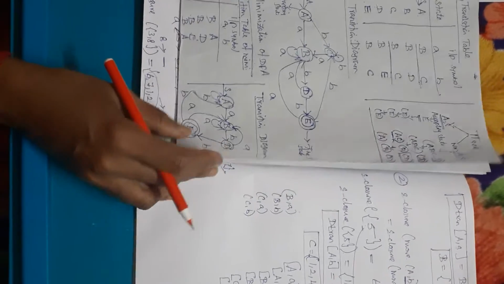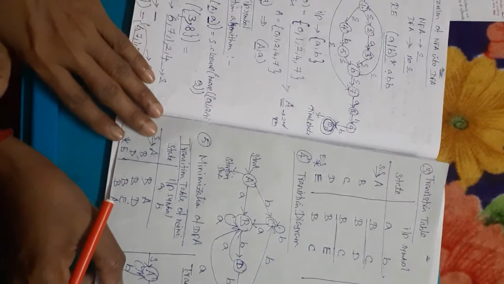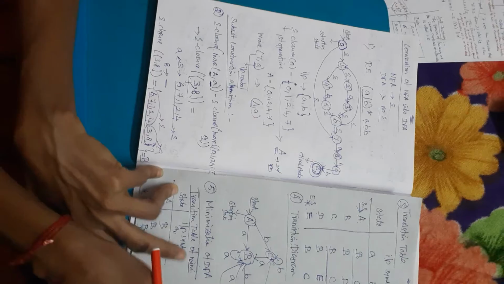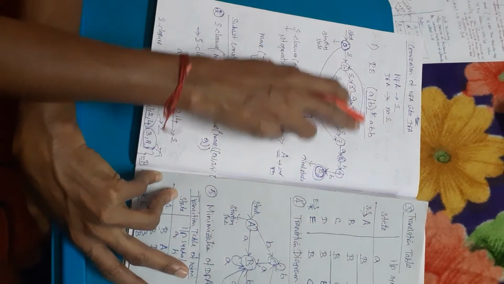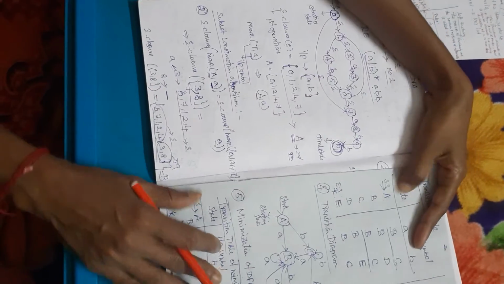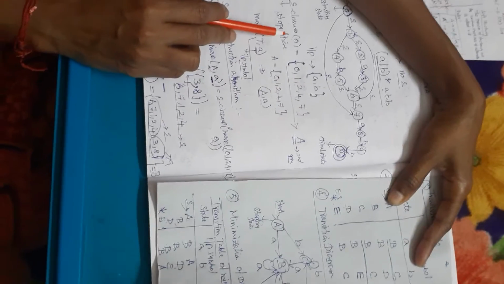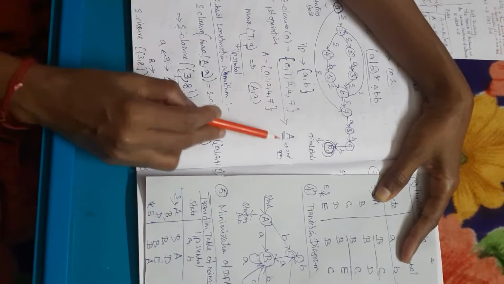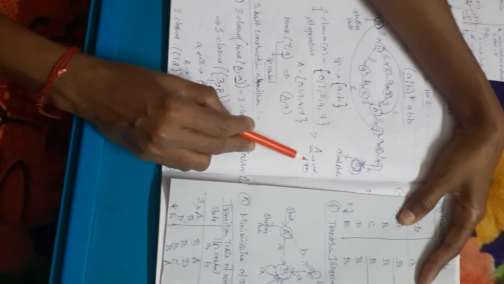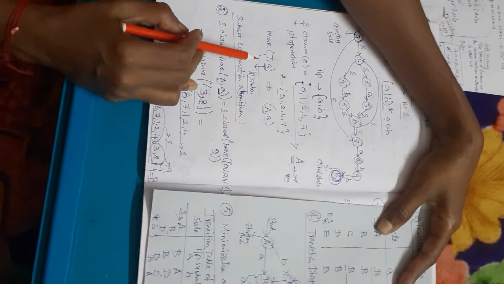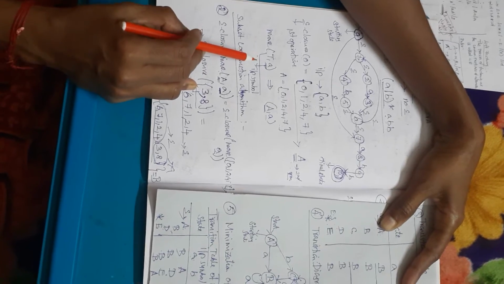So in this problem, the conversion of NFA to DFA and minimization: first, based upon the regular expression you draw the diagram. Then for the input symbol you calculate the first operation. After calculating the first operation you write the value for the second operation, then go for the third operation.